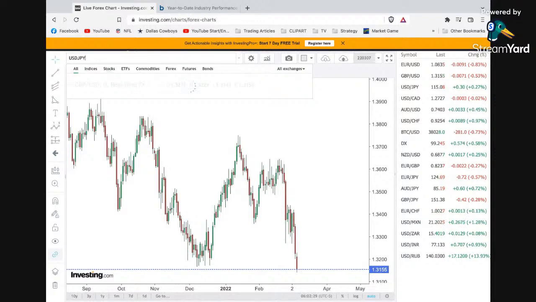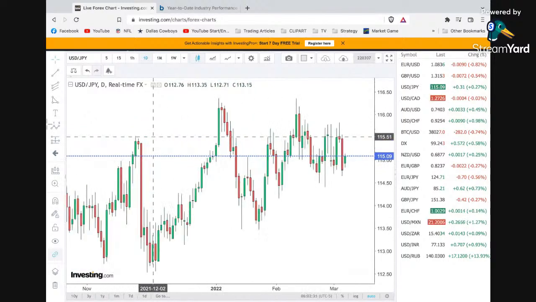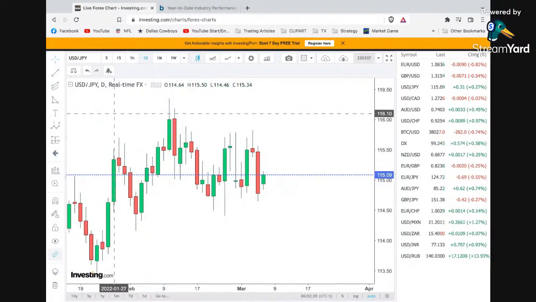Wait a minute. Be clear. This is early for me. I actually set an alarm to wake up. Okay. This chart is showing the value of the yen relative to the dollar. So we know the dollar is rising.